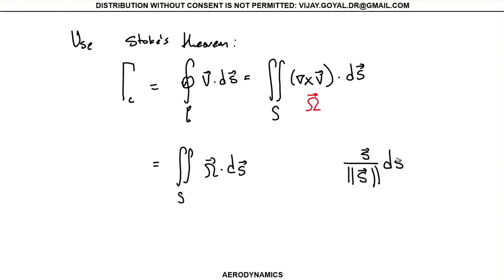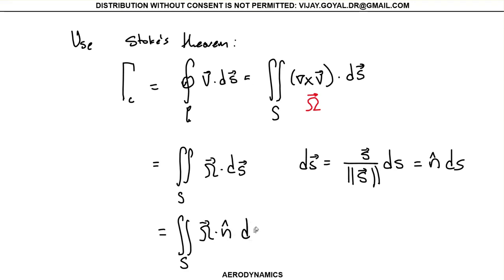So I can say that the vector ds is equal to the unit vector n times the scalar ds. So we can express this whole thing as the dot product of vorticity times my unit vector times my surface area ds.